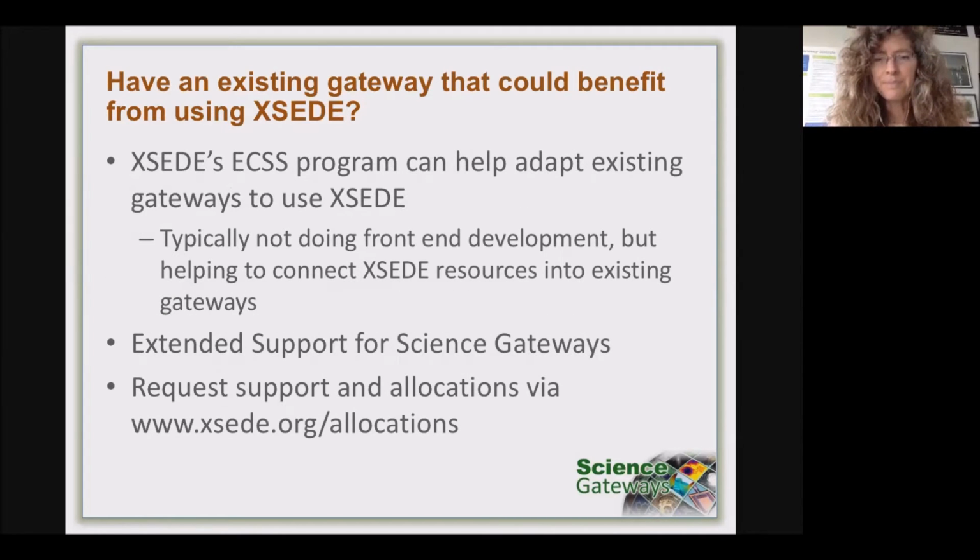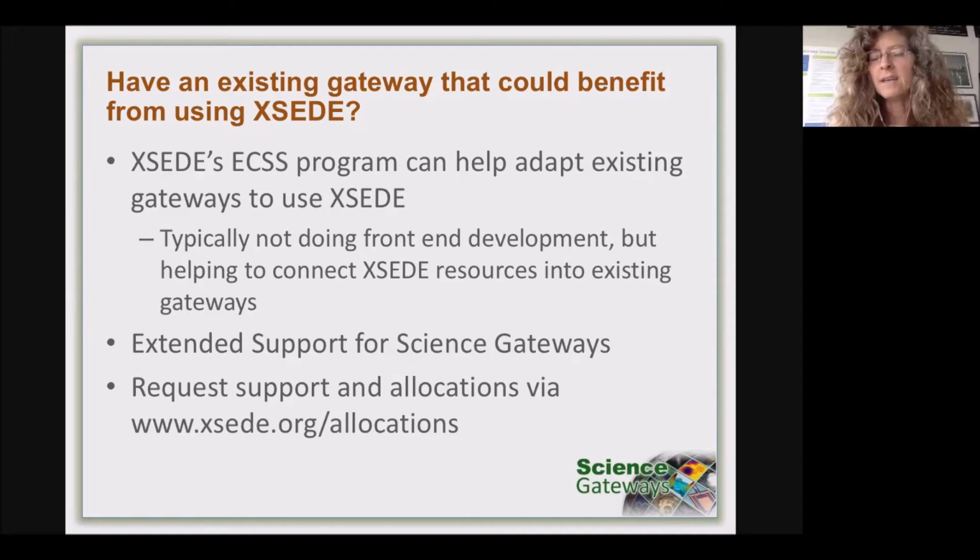So in Exceed's ECSS program, which I think most people are pretty familiar with, we can help in a number of different areas, from code optimization to large-scale visualization or data analytics, but we can also help integrate Exceed resources into the back end of an existing Science Gateway, and that's typically what we've been doing for the last 5 years.